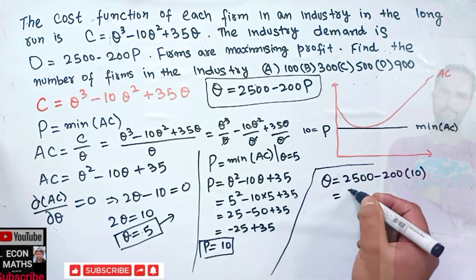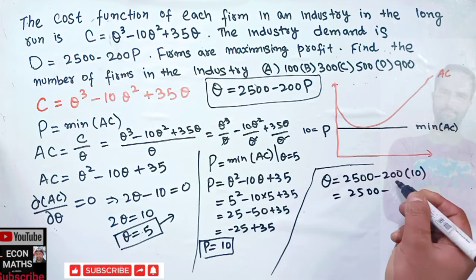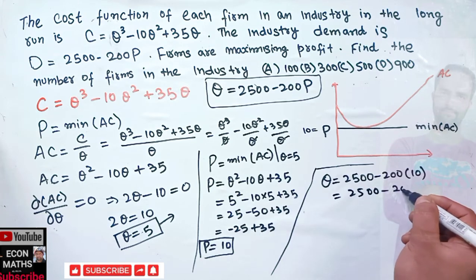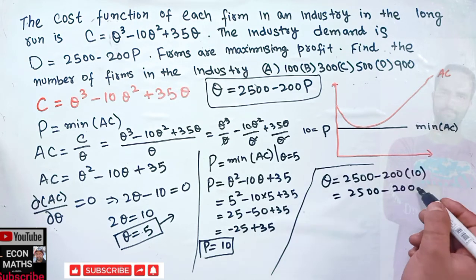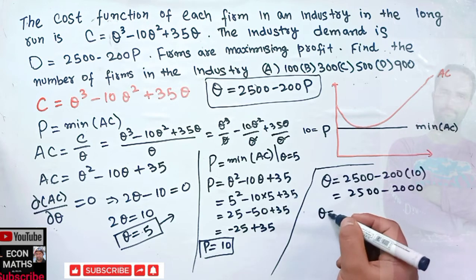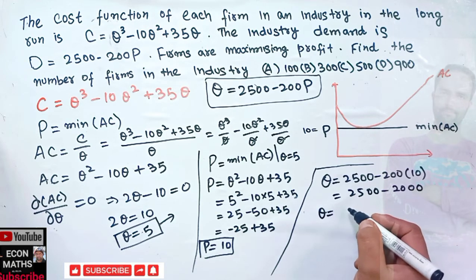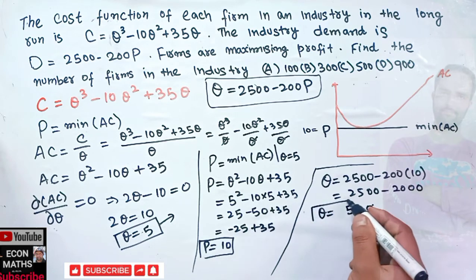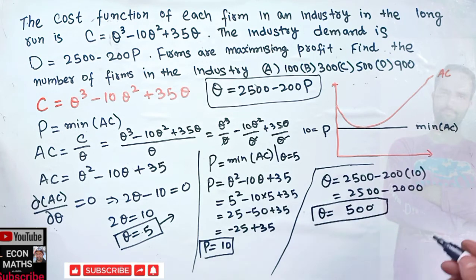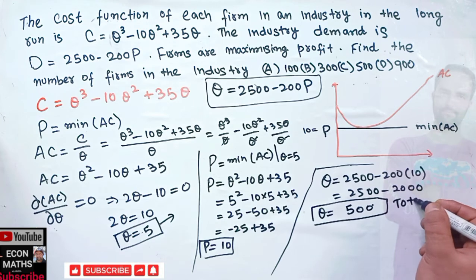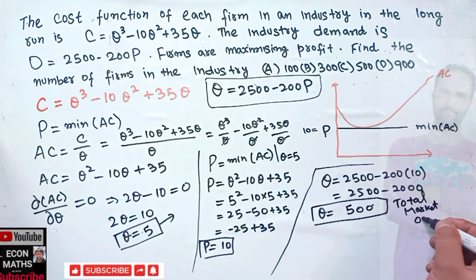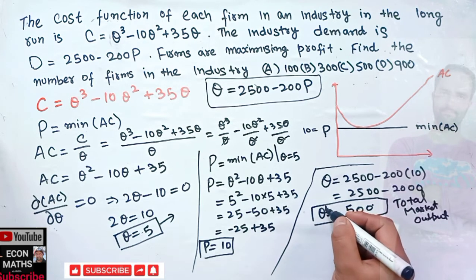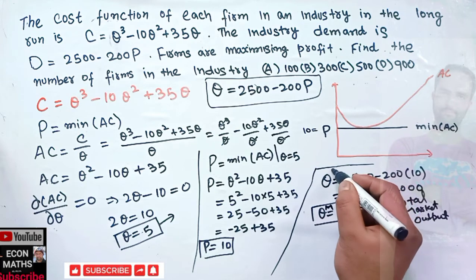So we have 2500 - 2000, so Q is equal to 500. This is our total market output. Let's denote it by Q superscript M.